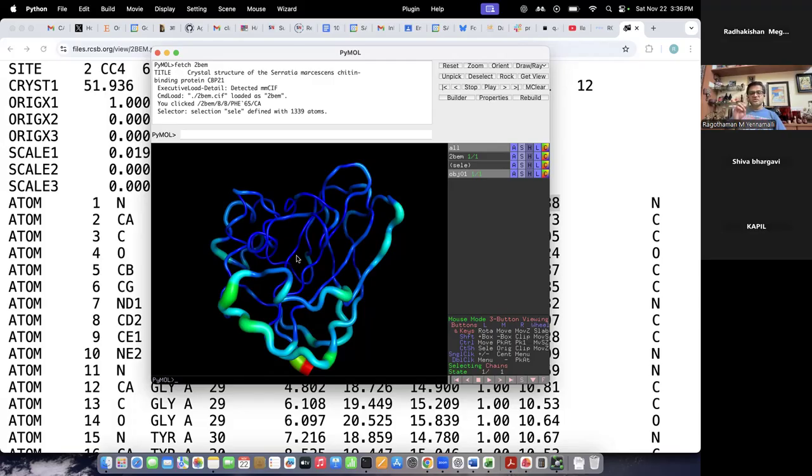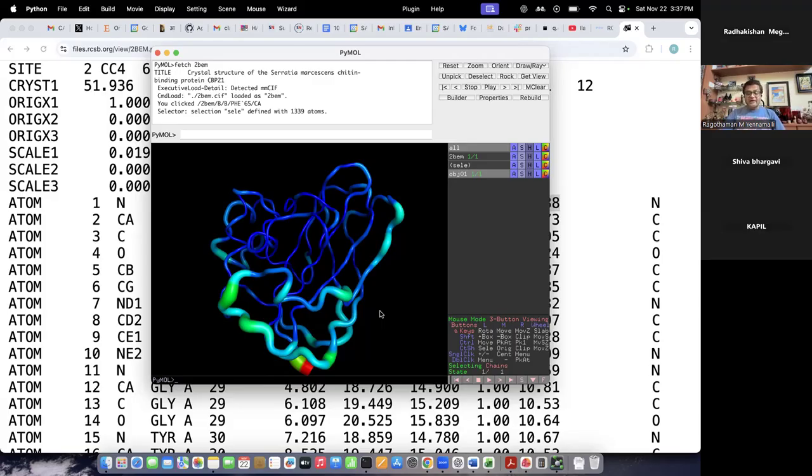That force is through temperature, for example, 330 Kelvin. And at that temperature, what happens to the protein? It will show some conformation. Certain regions will move a lot, certain regions will not move a lot. So you can find out which regions are rigid and which regions are flexible. That particular technique is called molecular dynamic simulation.